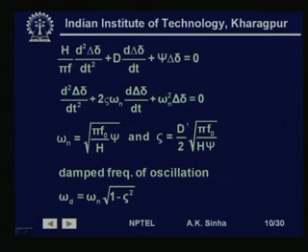I am not going into the details of how to get all these values. One can go through any standard book on control systems to understand that. We are only putting the results here. So, the damped frequency of oscillation omega d is given by omega n into root over 1 minus zeta square.